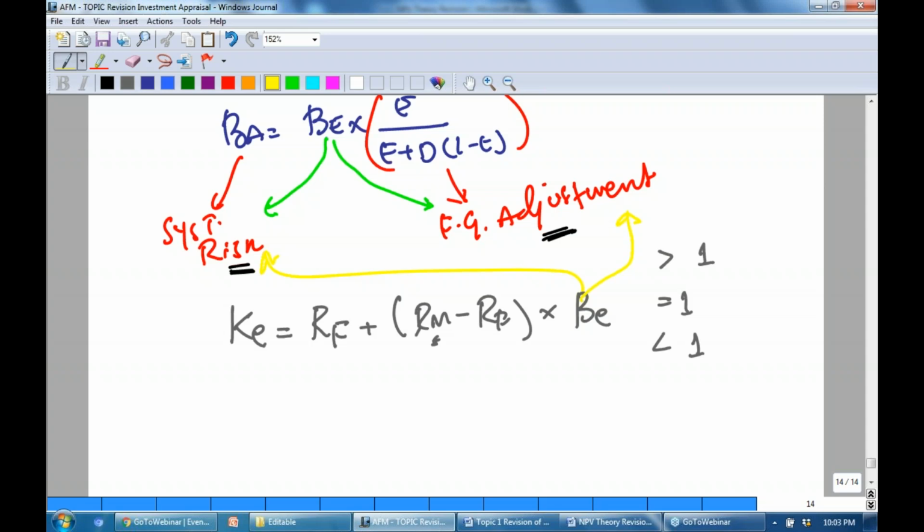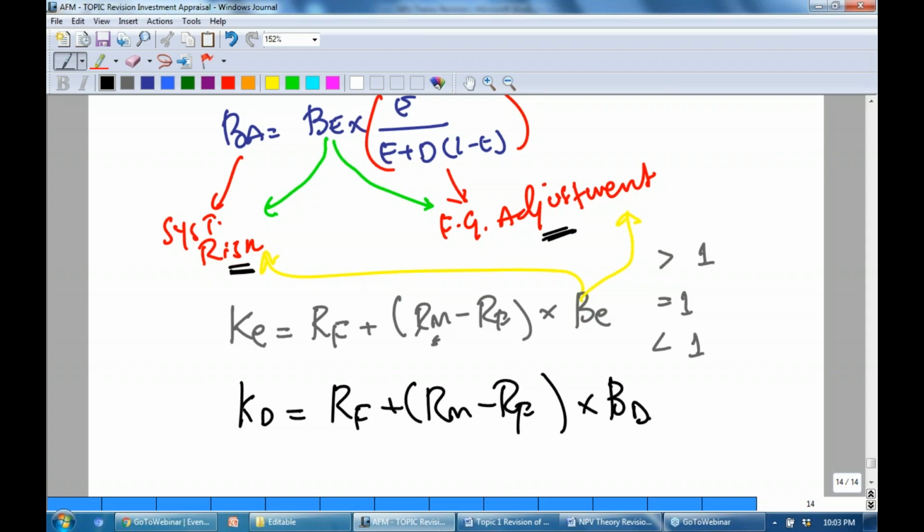Candidates, for your information, which you haven't studied in FM, by CAPM you can calculate KD as well. KD is calculated as RF plus RM minus RF multiplied by beta debt.